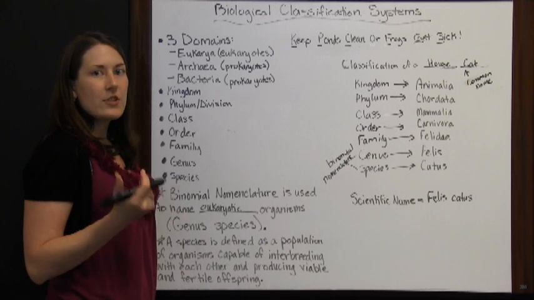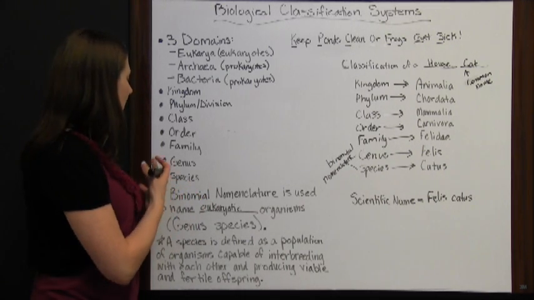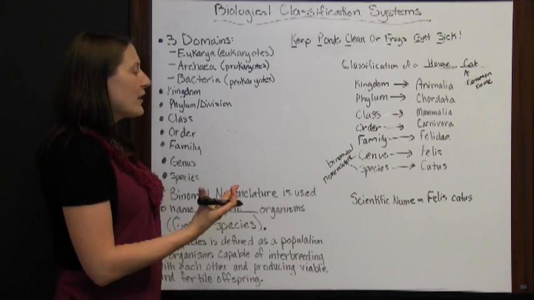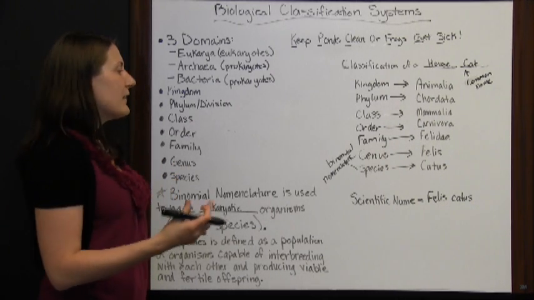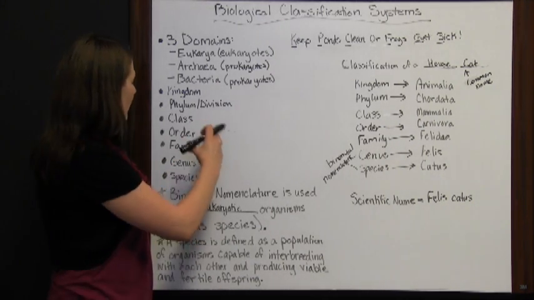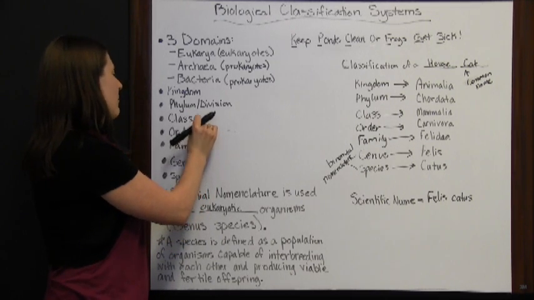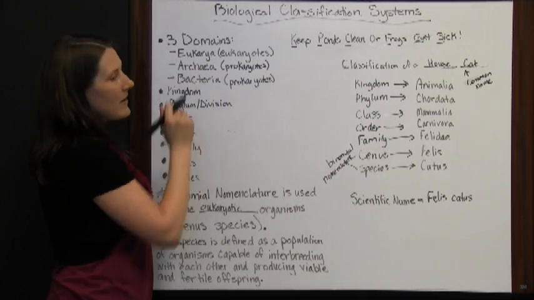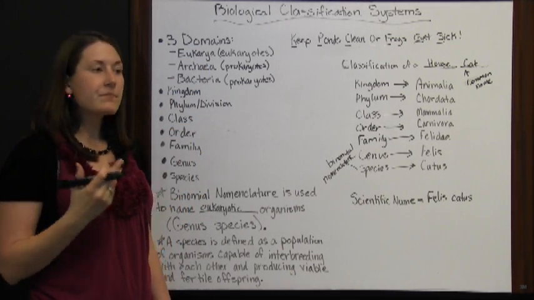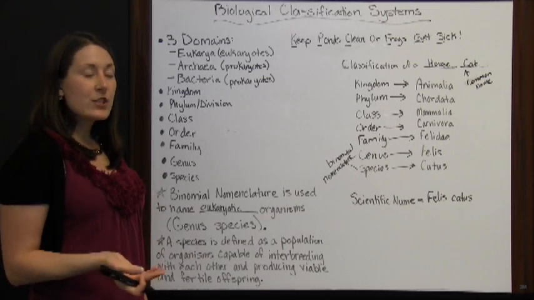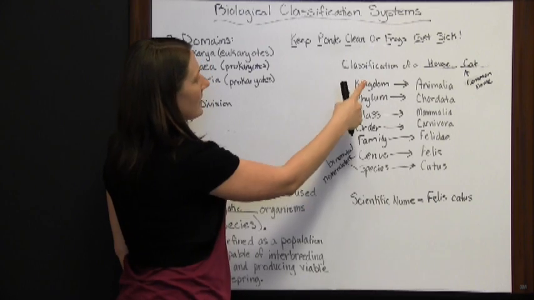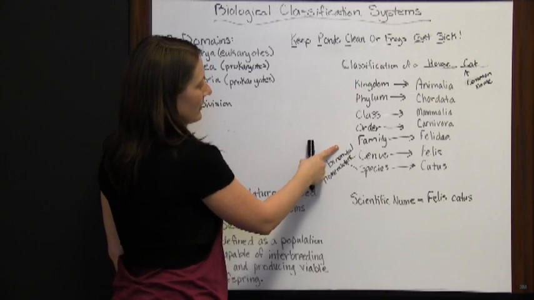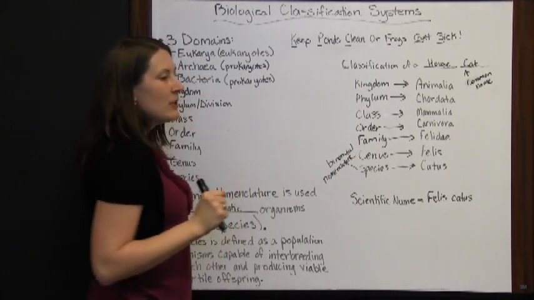And if you know the genus and species of an organism, you can figure out which other organisms are members of that group and figure out what they might have in common and slowly build up and figure out what family, order, class, phylum, kingdom, and domain that organism is in. Or the more things that you know about an organism, the more you can break it down and put it into different kingdoms, phyla, classes, orders, a family, a genus, and a species.